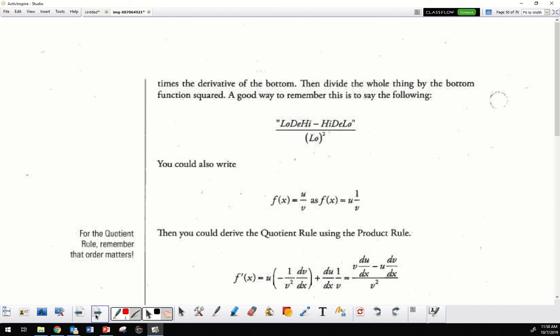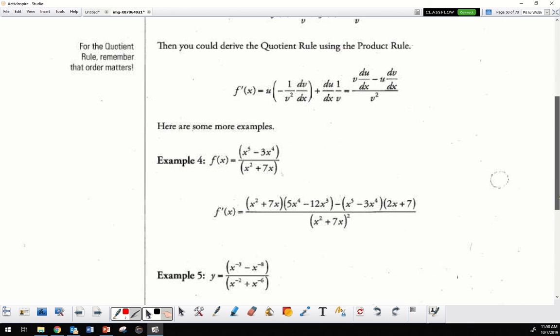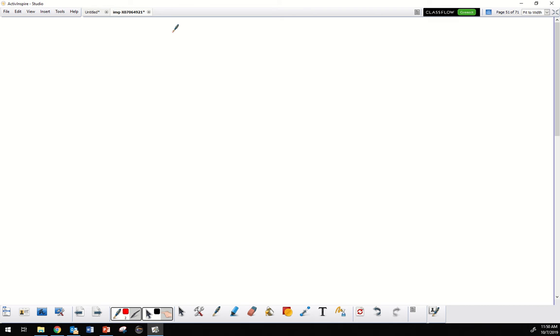All right, so let's see. Quotient rule. Okay, so I'm going to do this one right here, example 4. So can you please read me 4? X to the 5th minus 3x to the 4th over x squared plus 7x.